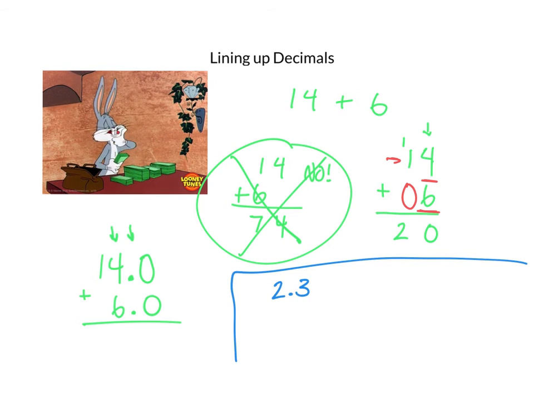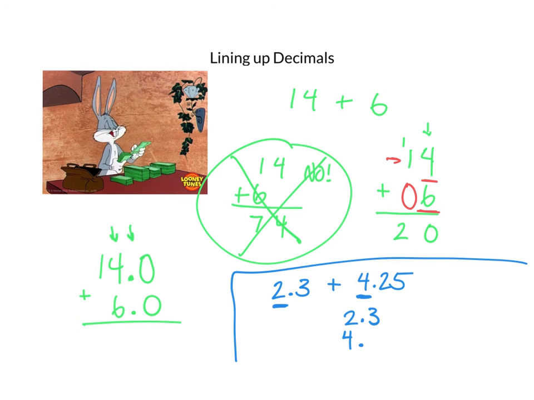So if we have 2 and 3 tenths plus 4 and 25 hundredths, to add these up, if I put 2 and 3 tenths here, I need to recognize that this 2 is in the ones place, and so I have to line it up with the 4 that's in the ones place. So I'm going to put a 4 here.